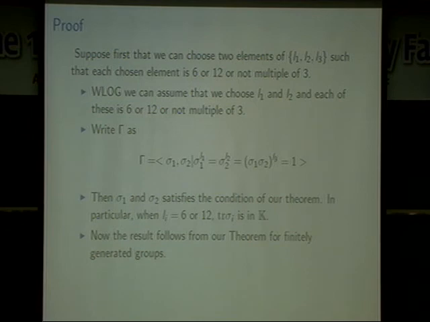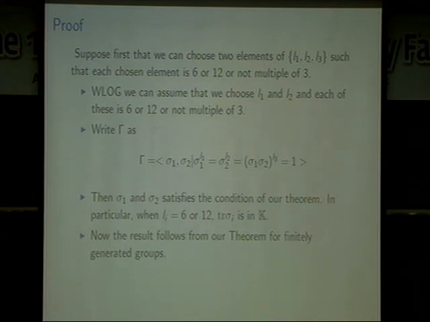So you can compute traces. When L_i is 6, the trace is equal to 2, and when L_i is 12, cosine square of this theta is in Q.